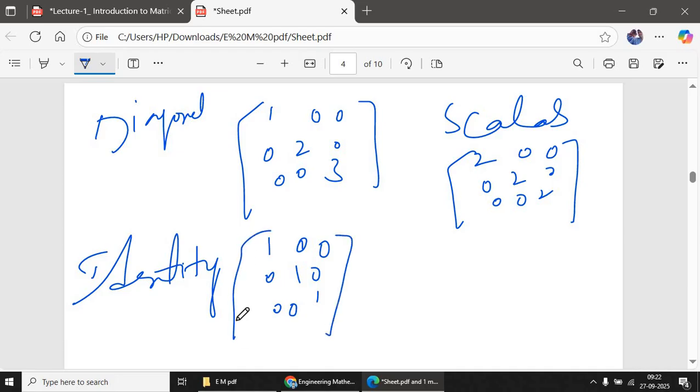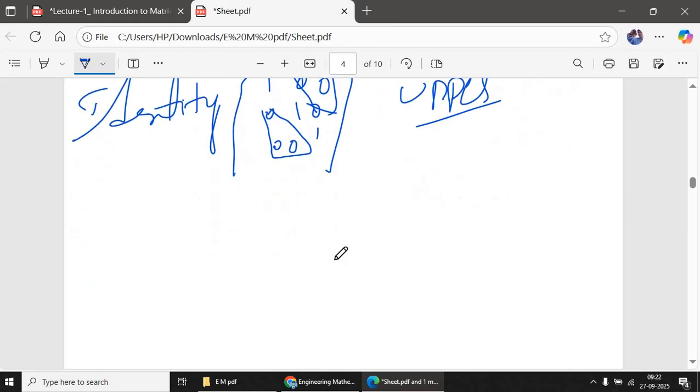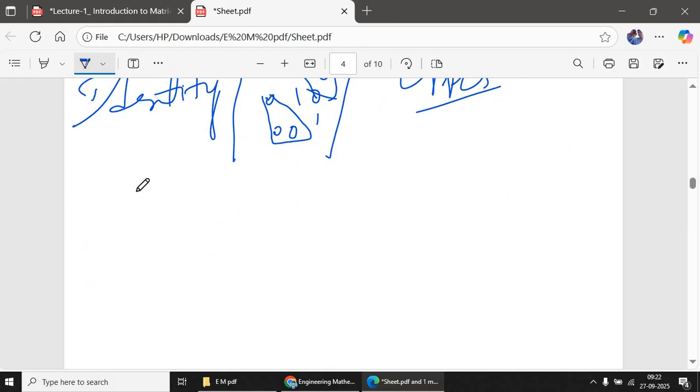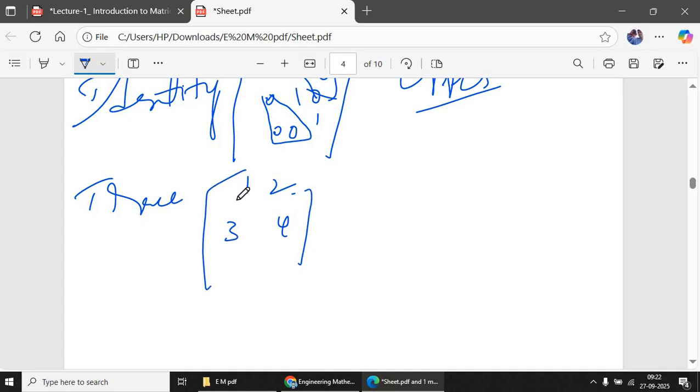Next, coming to the upper triangular or lower triangular. Upper triangular is nothing but, you can see here, the upper triangle is forming, the things below will be 0, and the rest of the things will have some values. And similarly the lower triangular matrix. So next, trace of a matrix. For example, you want to calculate the trace of the matrix 1, 2, 3, 4. It's nothing but the sum of the diagonals.